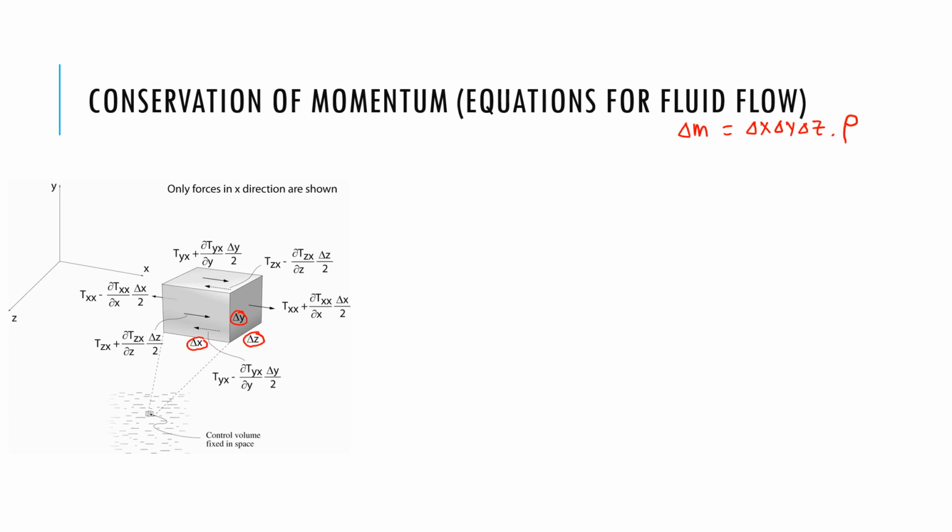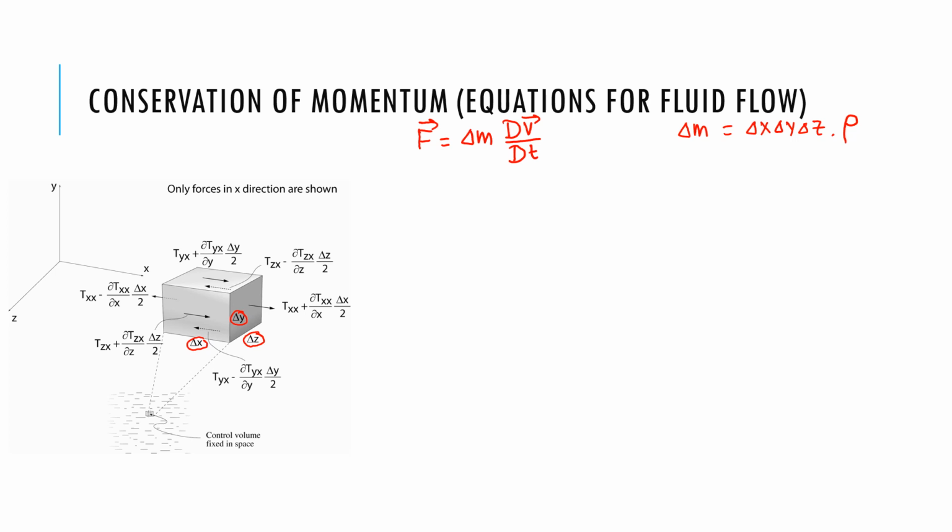Okay, so I write force on that element is equal to mass times acceleration. So let me say a little bit about this capital D. For now, the capital D just includes both kinds of acceleration.